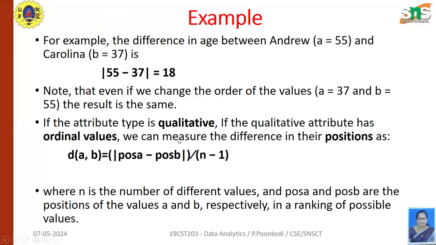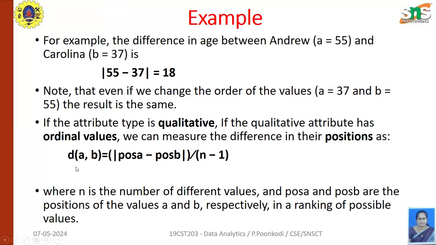So far we have been discussing the quantitative attribute. If it is a qualitative attribute with ordinal values, we can measure the difference in their positions. We have to identify the difference in terms of positions.